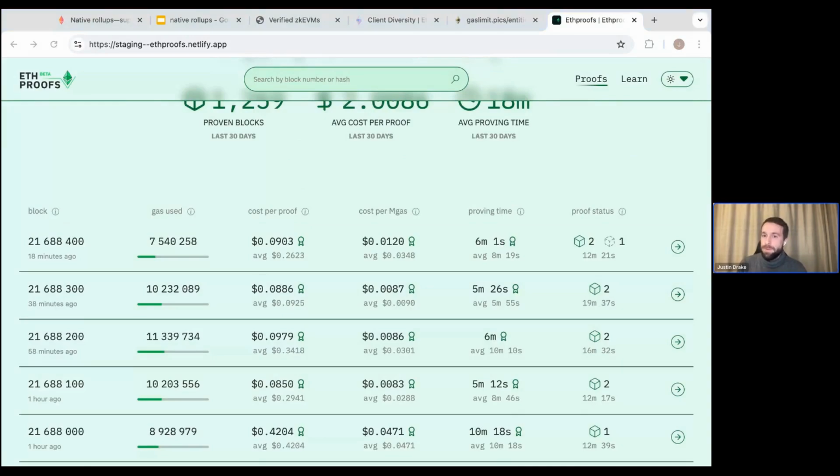Okay, what technical properties of those proofs make them post-quantum secure? In the context of native rollups, what really gives us the post-quantum security is the flexibility to change to post-quantum secure SNARKs when relevant. We know how to build post-quantum secure SNARKs using hashes.